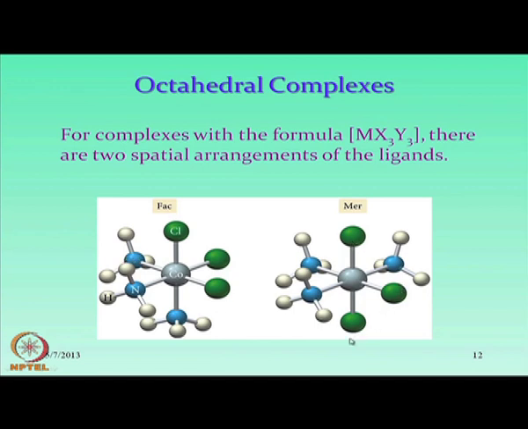But in this particular case, no such face is capped by either the chloride ligands or the ammonia ligands. It is the meridian of one particular hemisphere that is occupied by the same type of ligand system.